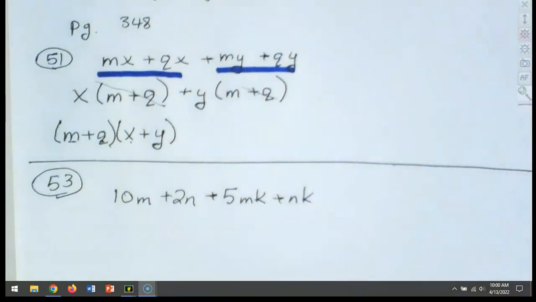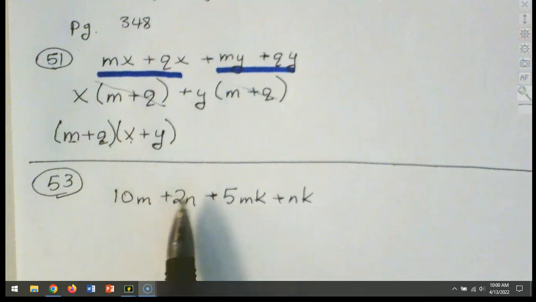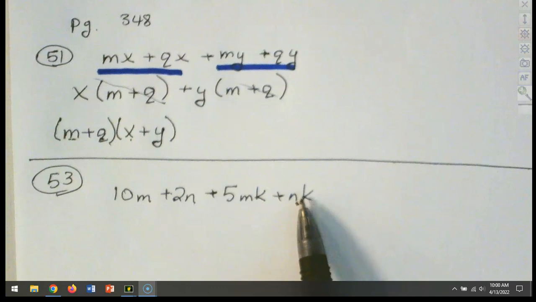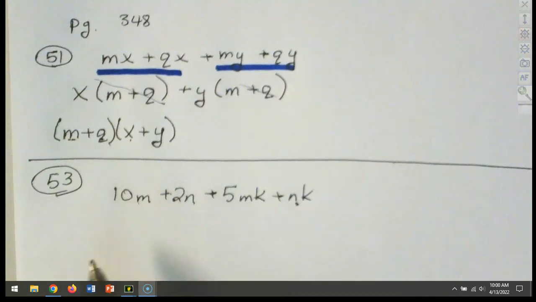So, very first thing I look at is I see if they have anything in common with all the pieces at the very beginning. I've got a 10, a 2, and a 5, but this one has nothing in common, so it can't come out, no coefficient. And then we've got an M and an N, and we've got K's over here, so nothing's in common, right? Always look to see, can I take something out of all the pieces at once?